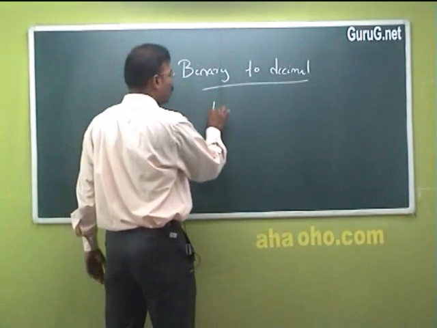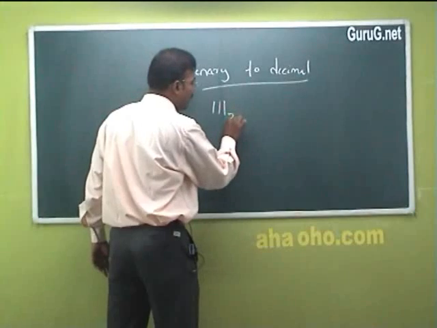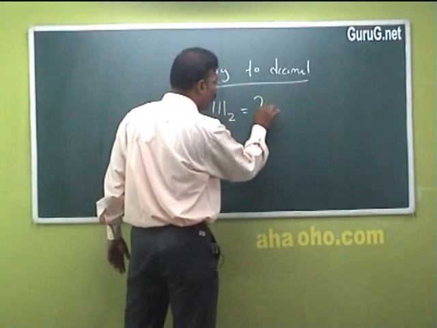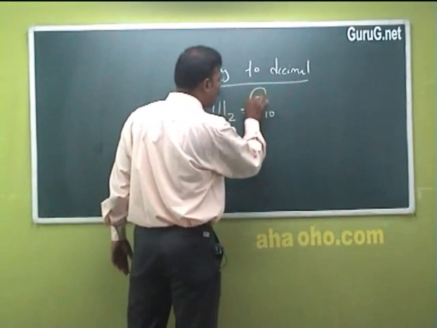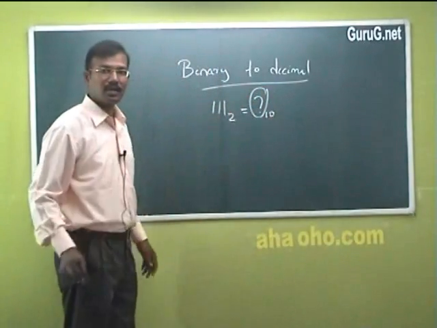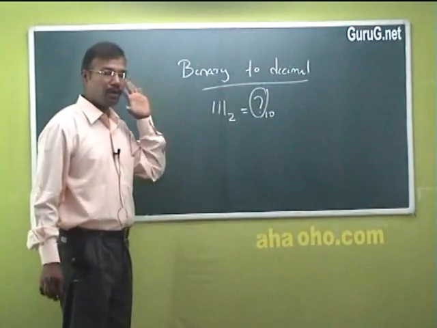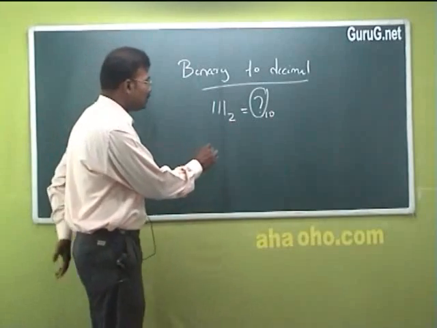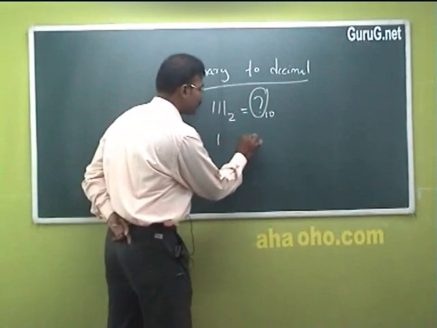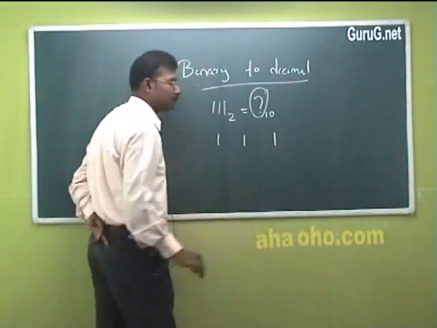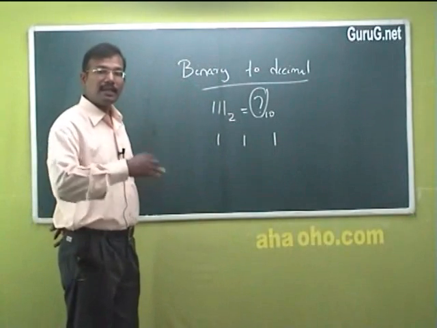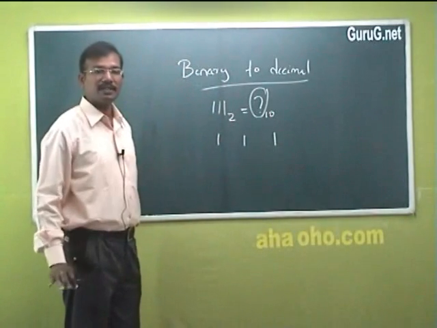How are we going to do it? 111 with radix 2 is equal to what in base 10? That is the value we need to find. First we need to split this number into 1, 1, 1. From the LSB, you need to start performing this operation.